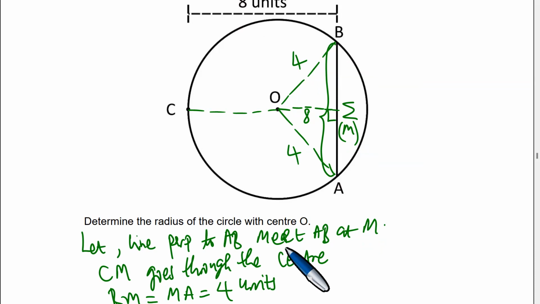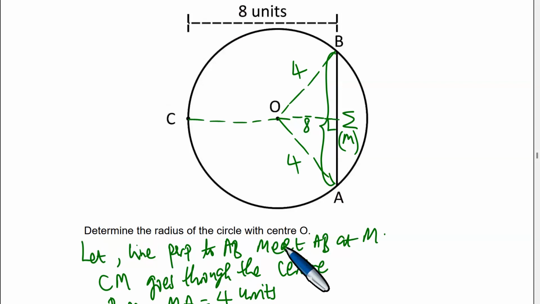So how are they 4 units? How is OB and OA 4 units? Just a minute, that's not what I want to say. I want to say BM is equal to MA is equal to 4 units.